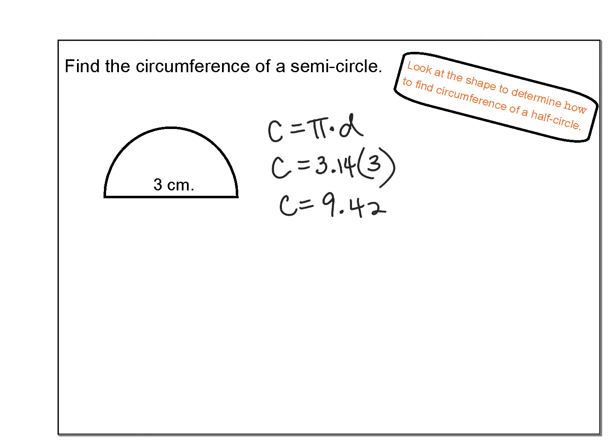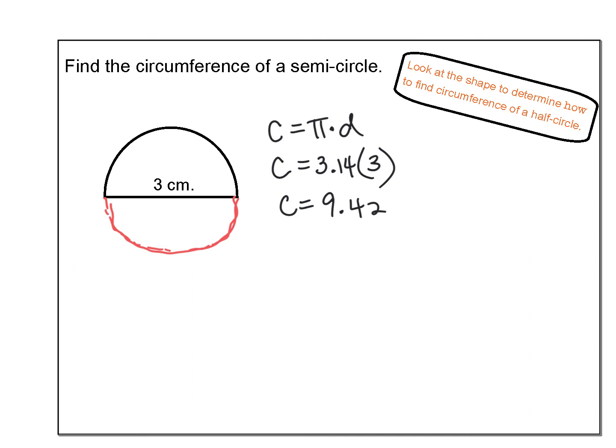But guys, what that's really telling me is that that's the circumference of this whole circle. If this whole circle existed, that would be the circumference of that circle. But what we have is really just a half circle.